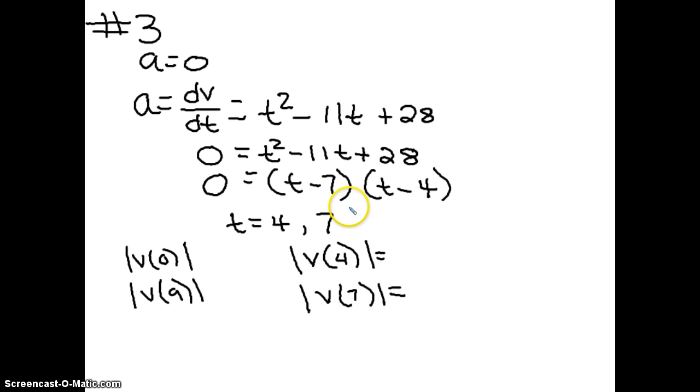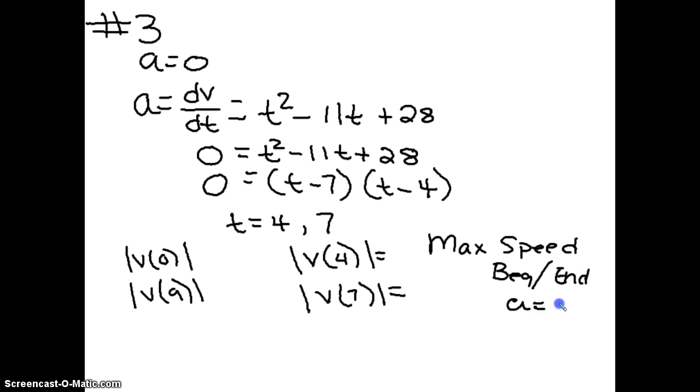That's all you need to do. Every time you're looking for max speed, we're looking at the beginning of the interval, end of the interval, and every place the acceleration is 0. Always, always, always those places.